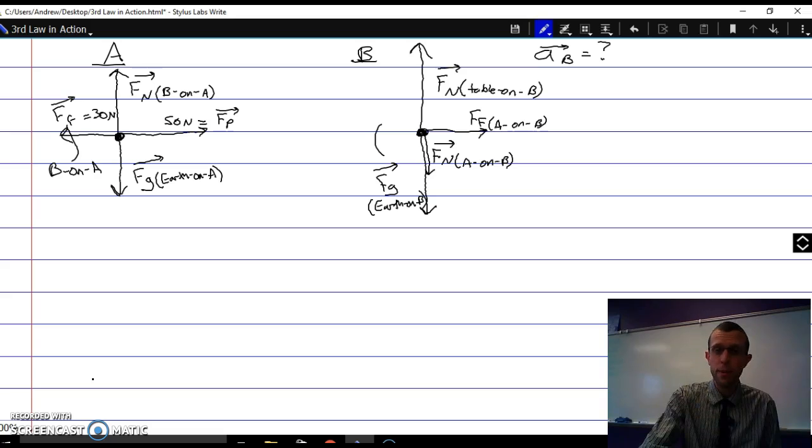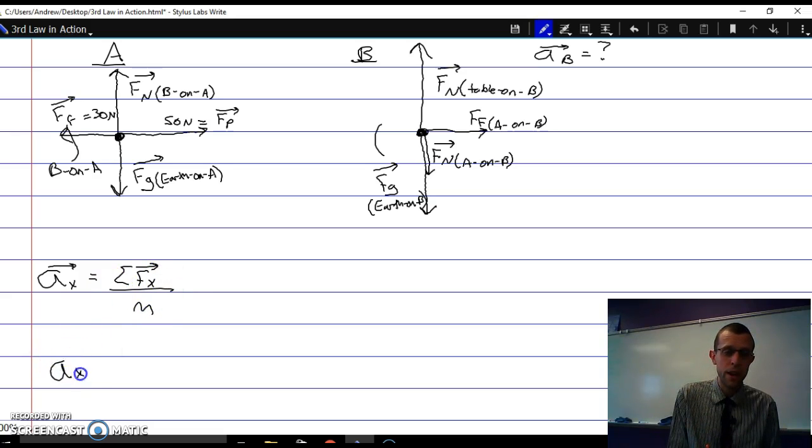In the y direction, I don't really care what's going on. Neither block is going to accelerate in that direction. We're going to look in the x direction. So for block A, acceleration in the x direction is going to be the same as net force in the x divided by the mass. We can calculate that as all the forces in the x direction.